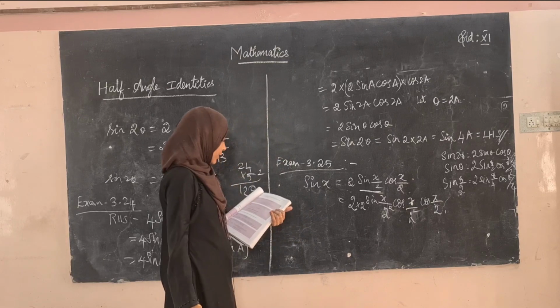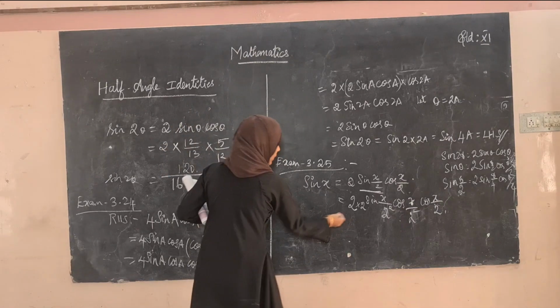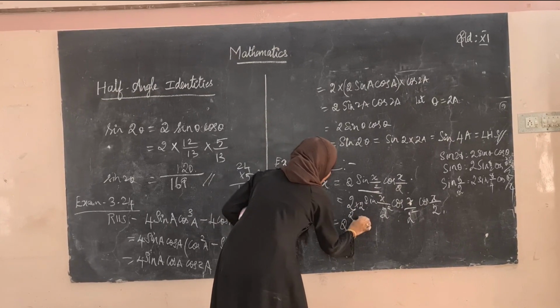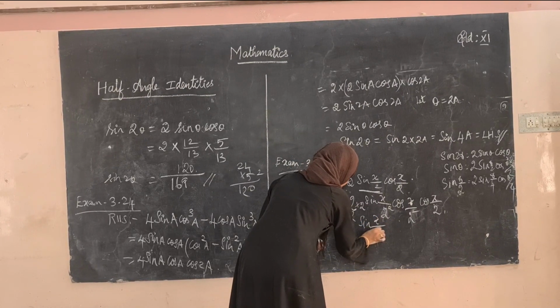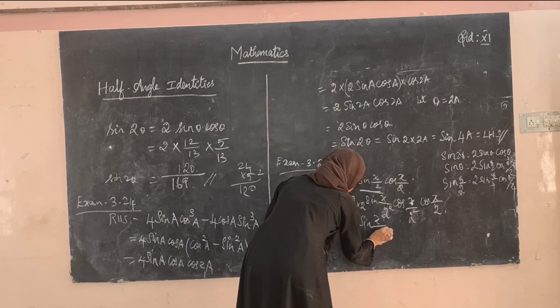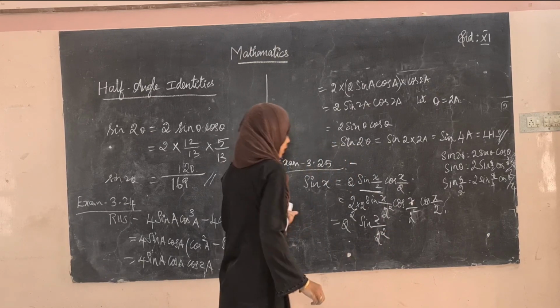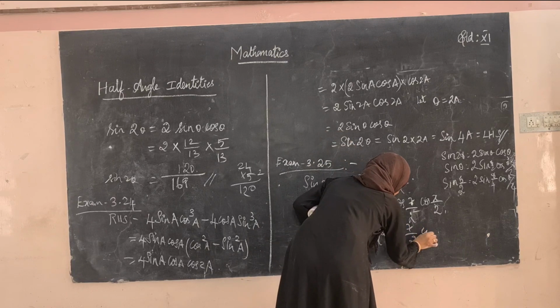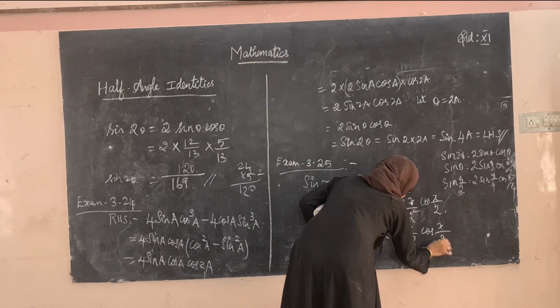Yes, so after this, when we expand and simplify, what they will be getting is 2 square into sin x divided by 2 square cos x by 2 cos x divided by 2 square.